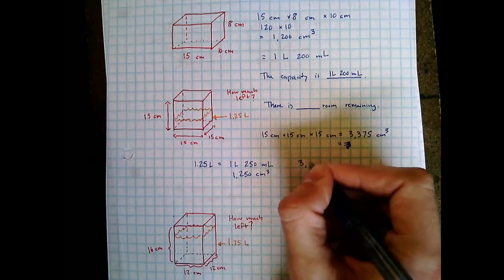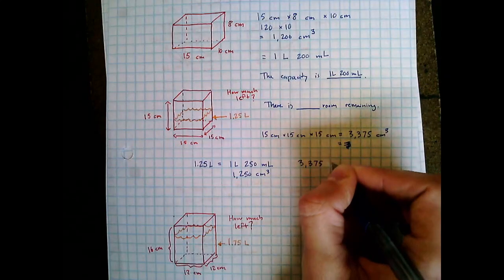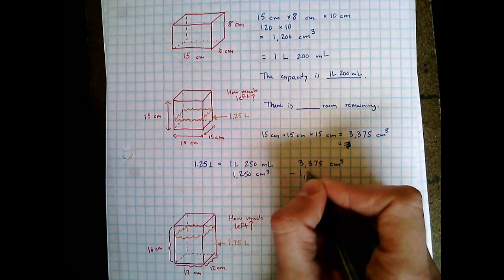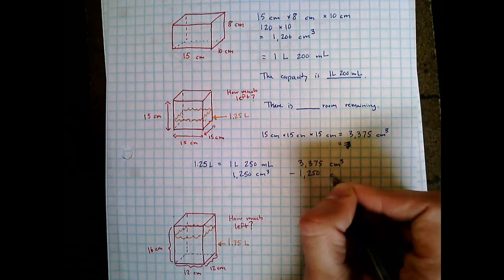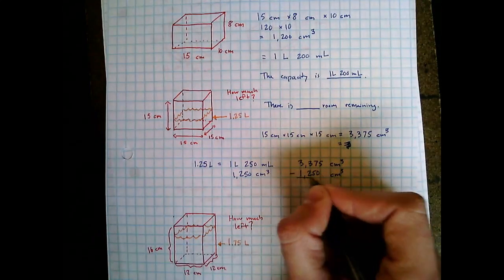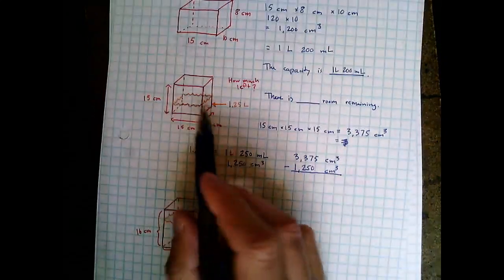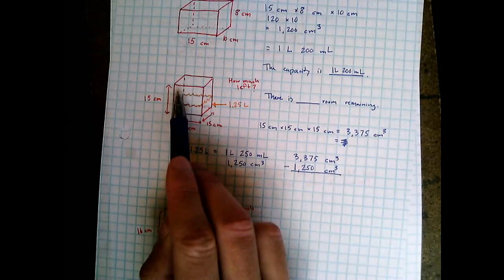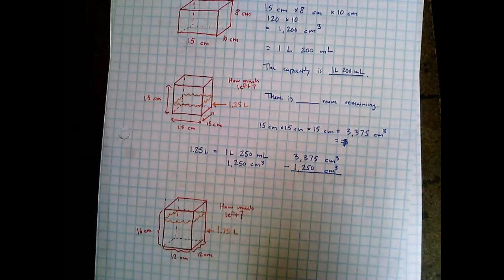So 3,375 centimeters cubed minus 1,250 centimeters cubed should tell me what the entire capacity of the tank minus what's already filled is, or in other words, what is left.